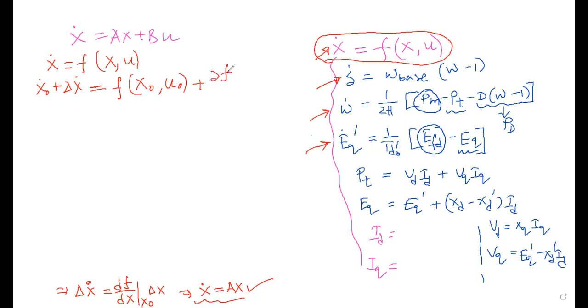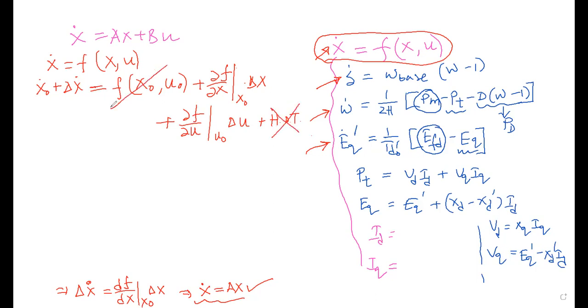So you have to write partial f over partial x evaluated at x0 into del x, plus partial f over partial u evaluated at u naught multiplied by del u, plus higher order terms, meaning del x square, del u square, del x cube, del u cube, and so on. These higher order terms would be truncated. We will not include them.